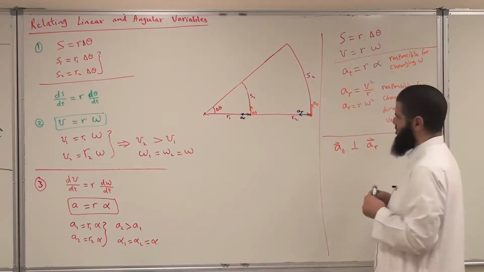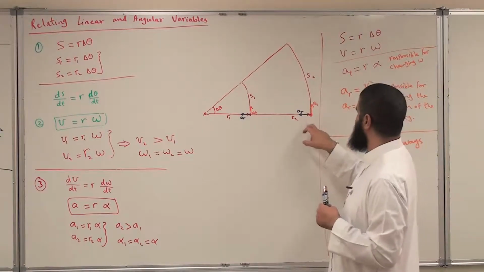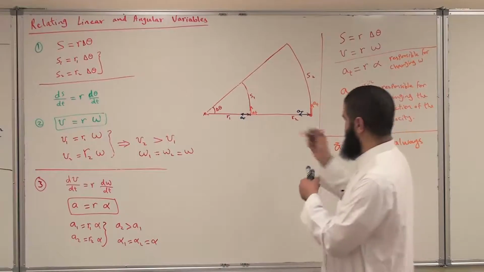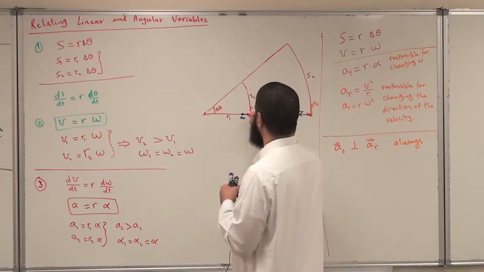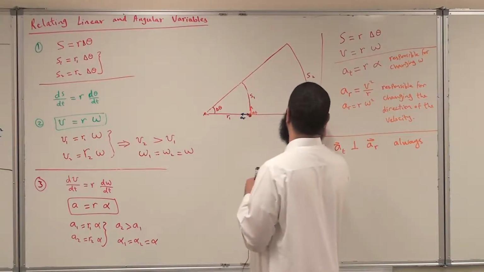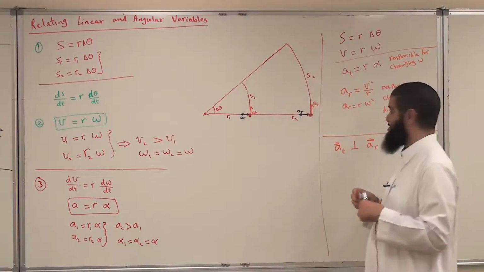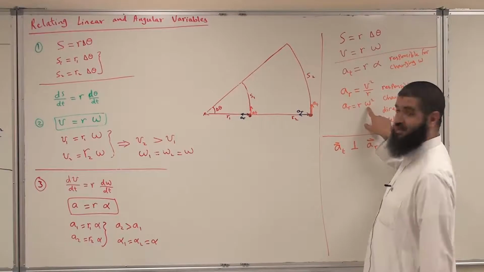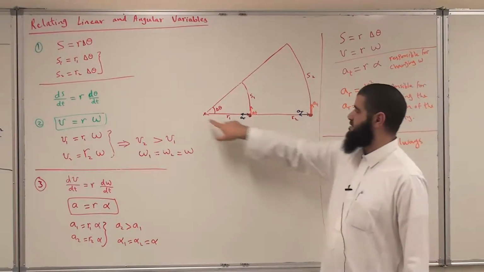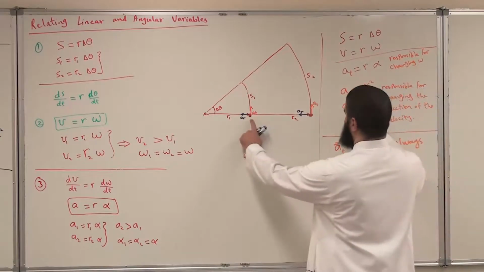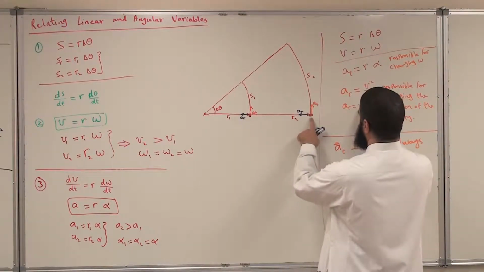So which point has larger A R, the point which is closer to the axis of rotation, or the point which is further from the axis of rotation? We agreed that omega is the same for all points. Okay, but R for the closer point will be small, for the farther point will be large.